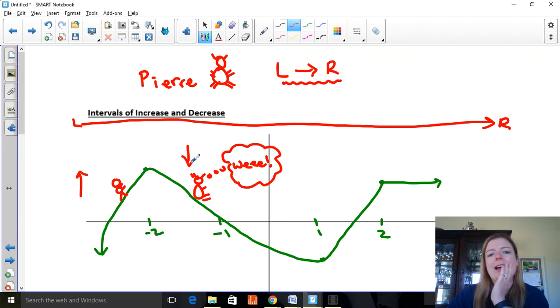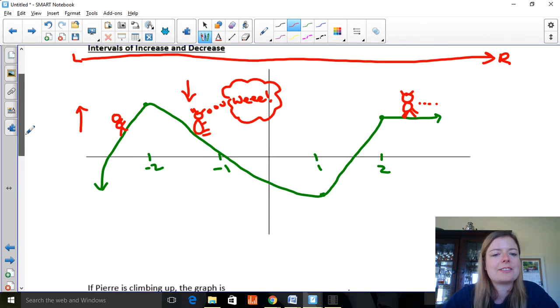Now if he is just walking along at a common pace, he's neither increasing nor decreasing. In fact, here at the maximum, he's not increasing or decreasing, nor at the minimum. So that's Pierre. Pretty good artistic skills there, I would say.